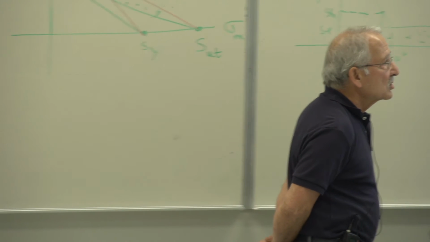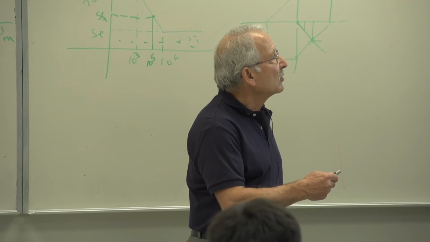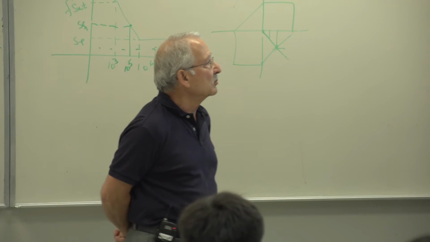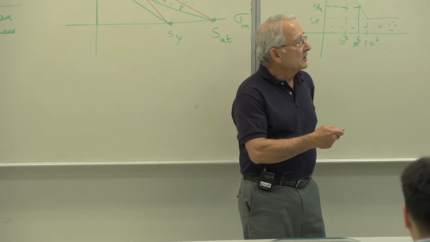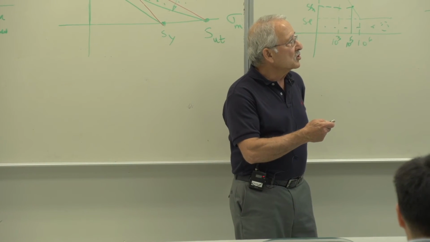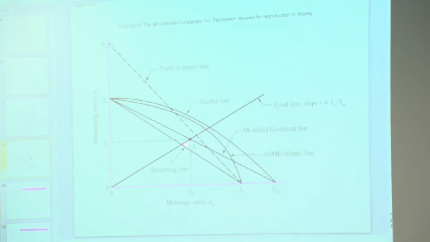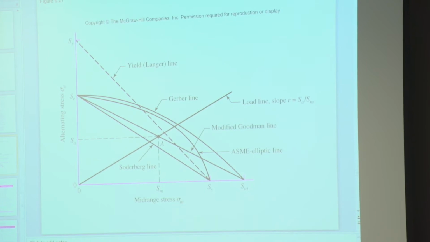We will use those as well. If you're asked to use these, you can use the equations that I'll be going over very briefly right now. But I will show you an example in which I actually write the equation of the Goodman line, and not use the equations in the book.